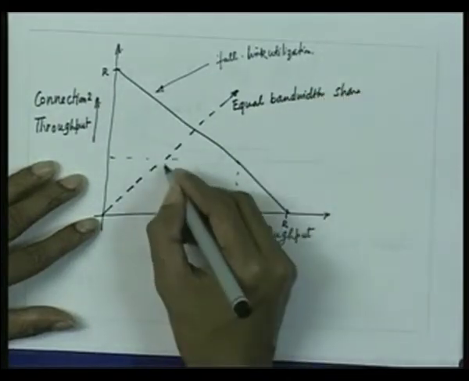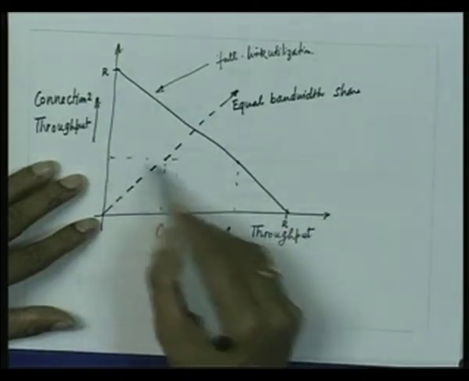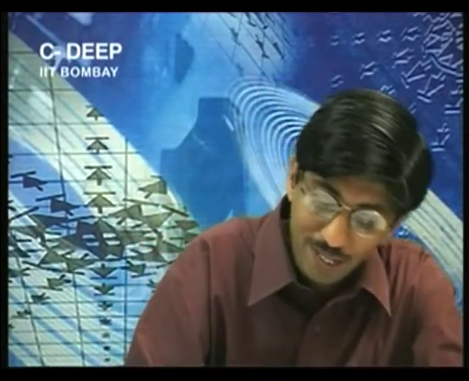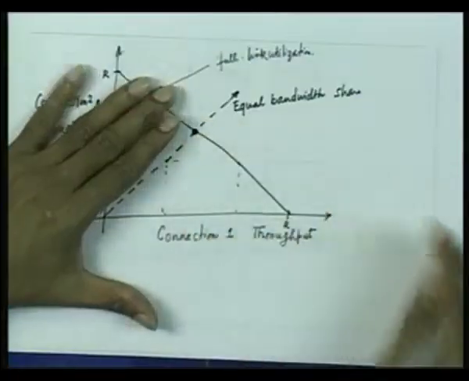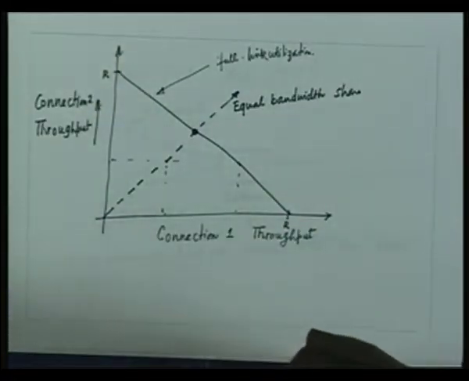So if I take a point here, then both the connections are having equal throughput. So ideally I would like to achieve this point where both the connections are getting a throughput of R by 2, right. That is how we would like to see.